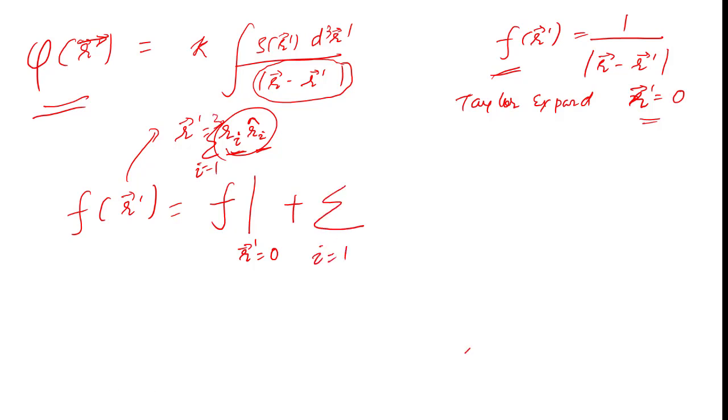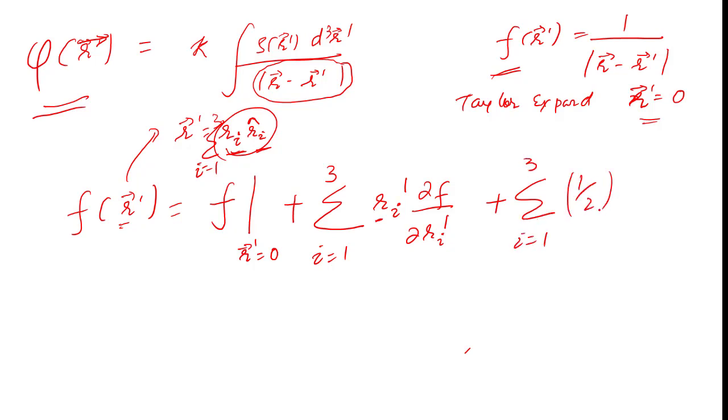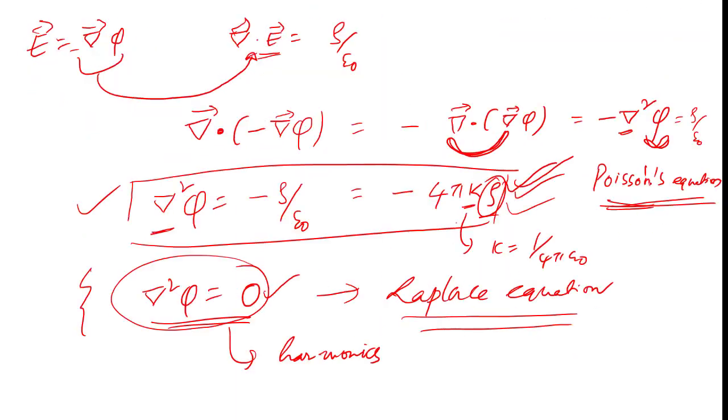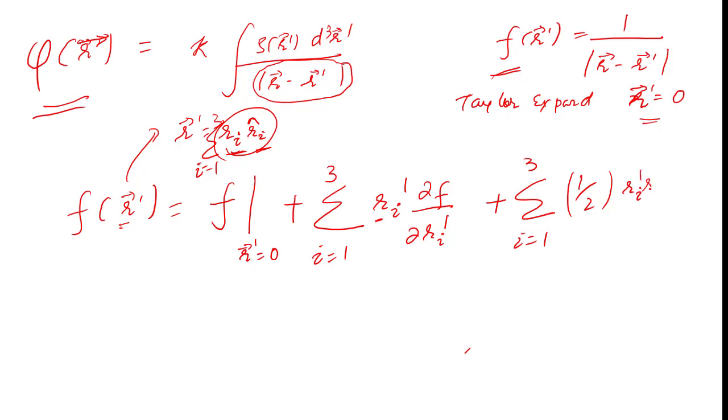We are expanding around r prime equal to 0, so for each component you have ri prime, dou f by dou ri prime. And then for the next one, we have again a sum and a half. But now you have a second derivative, so you have ri prime, rj prime, dou square f by dou ri prime dou rj prime. So we can expand it that way.